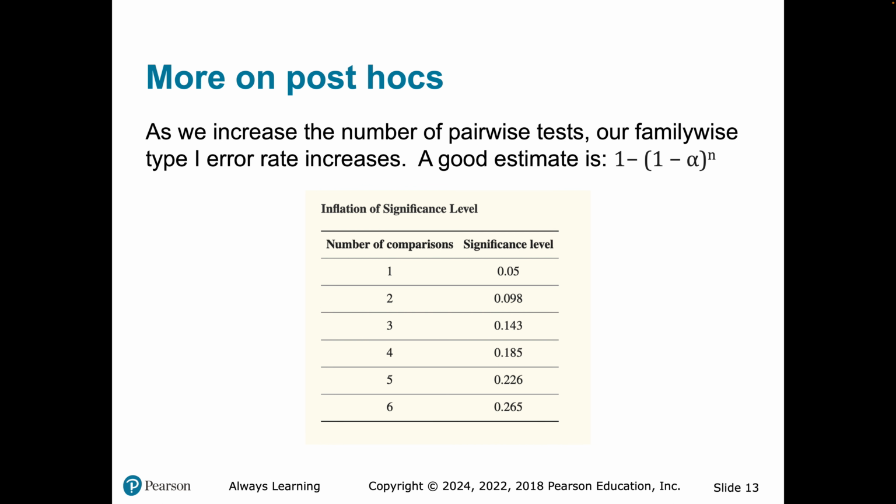But if we do 6 comparisons, all the way at the bottom, you can see that we're inflating that type 1 error rate to about committing a type 1 error about a fourth of the time. That's just too much. So some really, really smart people named Tukey and Bonferroni came in and came up with these procedures to control for that.